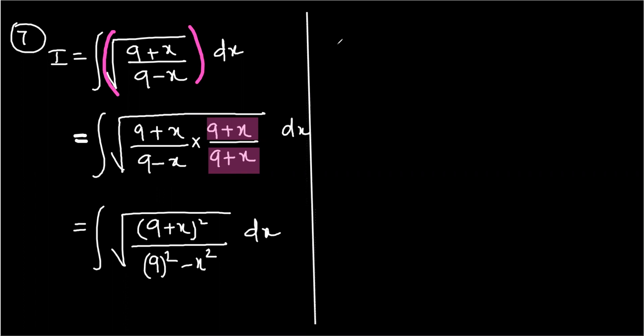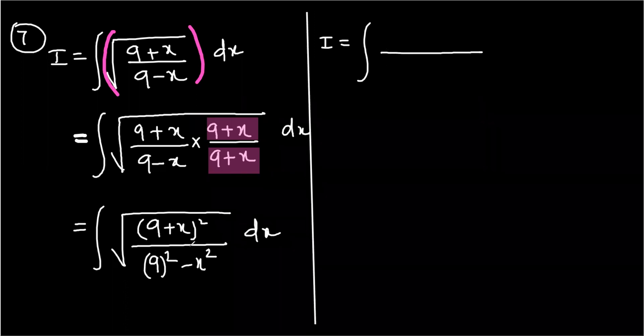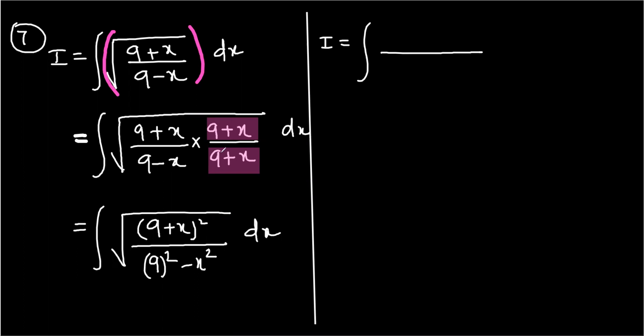So the next step I get is I equals to, the sole aim I had for multiplying the expression in numerator and in denominator was, I wanted to make the numerator radical free.